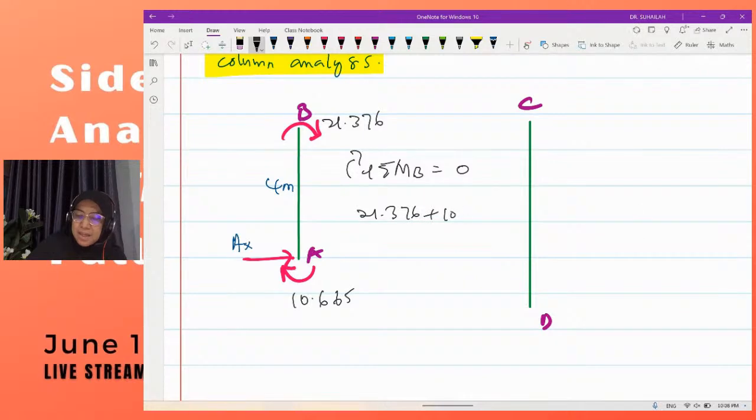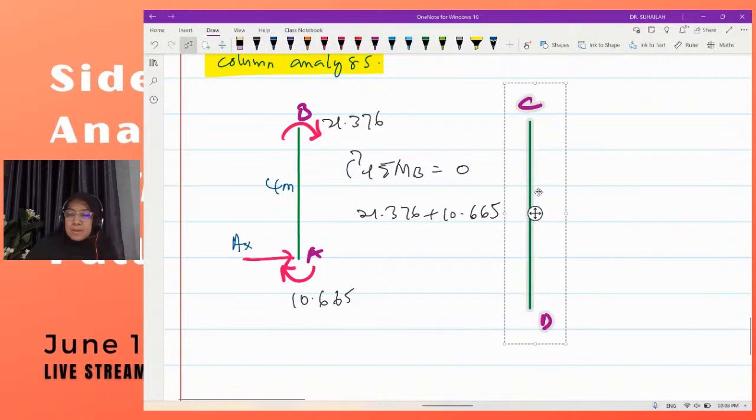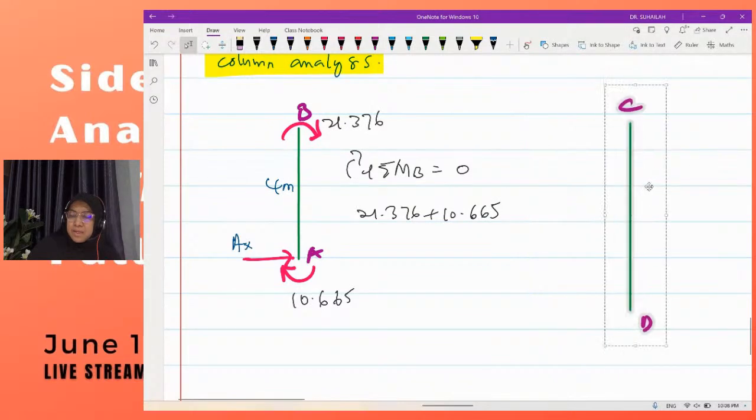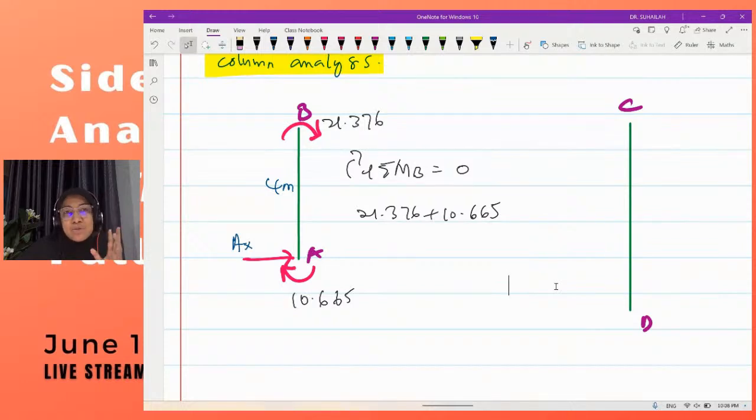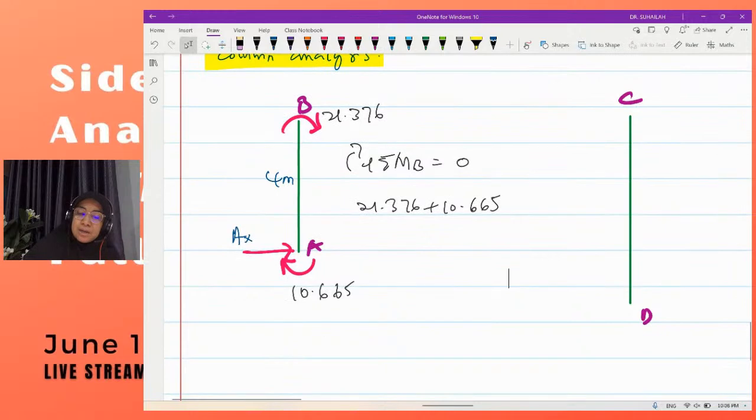This is just like analyzing a simple beam using static equilibrium. It is just like a simply supported beam, but this is vertical, a column. So we plus or minus? Minus. 21.376 plus 10.665 minus 4 Ax equal to 0.